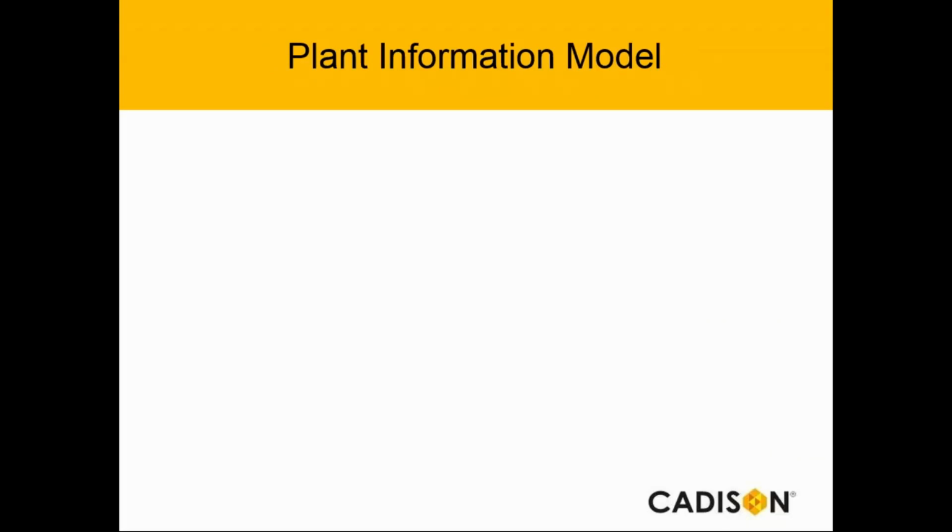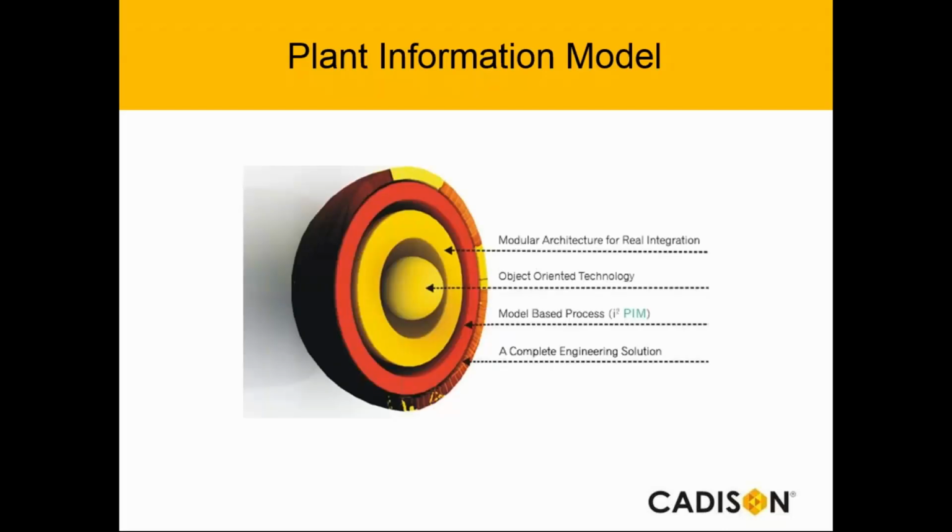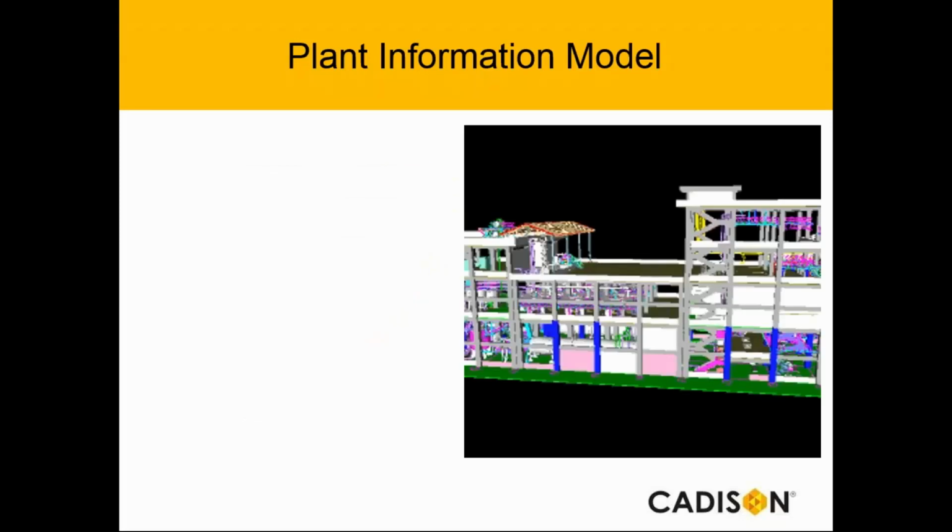Now, plant information model. All this integration, true integration, later on helps you in building up the plant information model. CADISON helps in building a plant information model because it integrates engineering data, 2D and 3D design data into one managed plant information model, eliminating costly and damaging complexities.